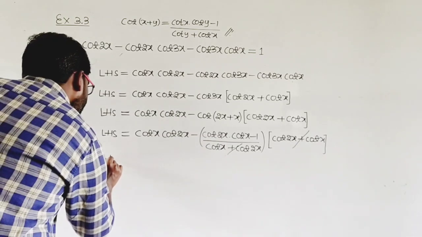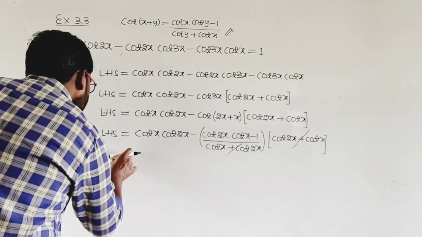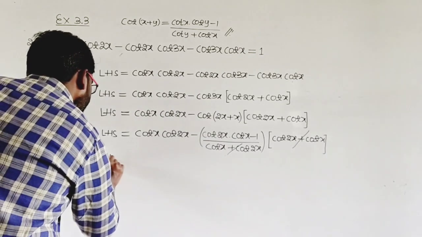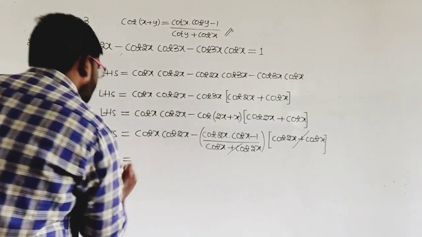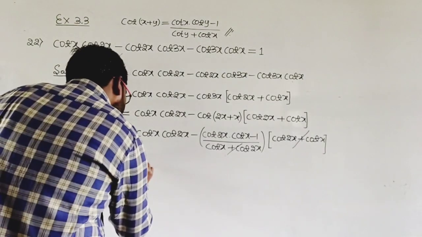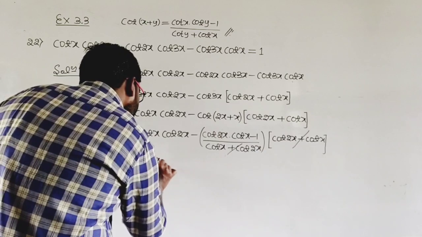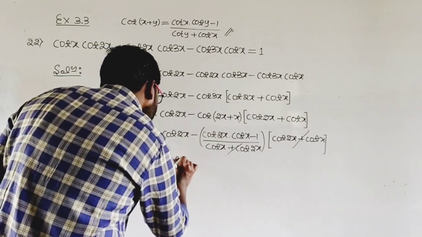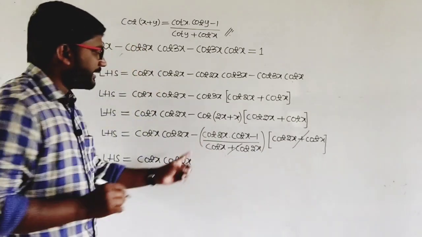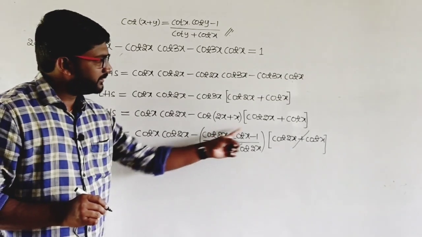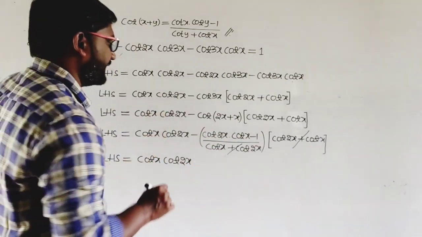Then LHS is equal to, I write this as it is, cot x into cot 2x. Then I multiply the minus sign with the first term as well as with the second term.